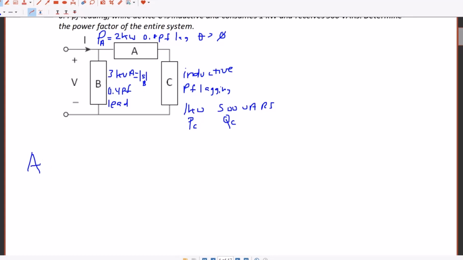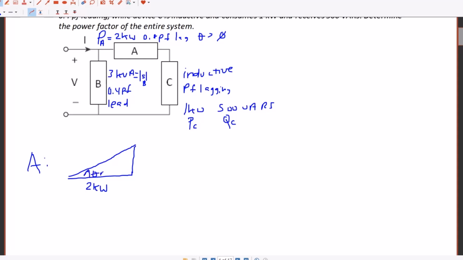So for example, for load A, I have a triangle here, where I know that P is 2 kilowatts and this angle here is positive.